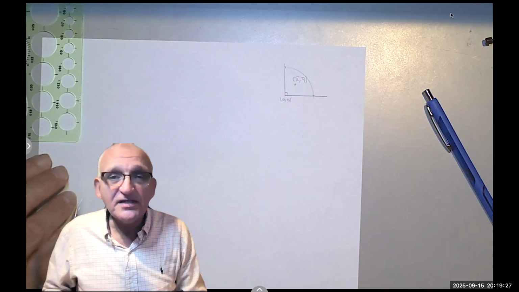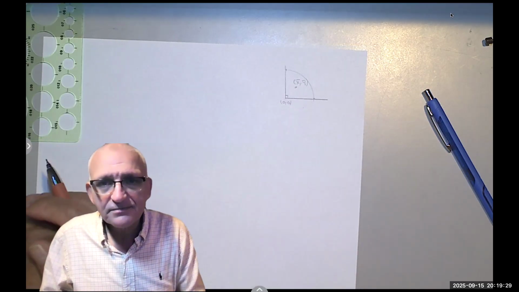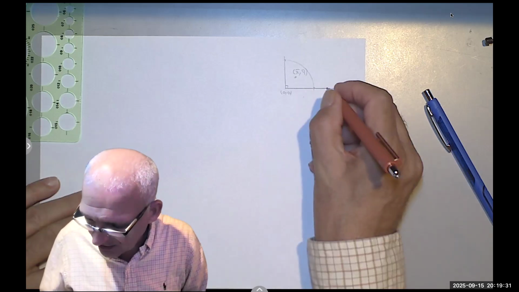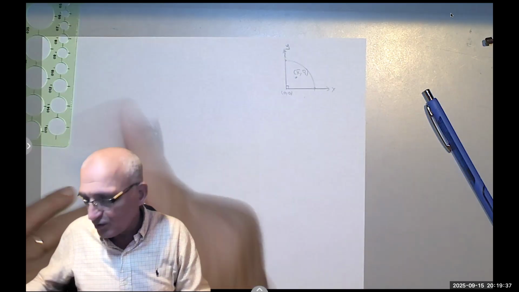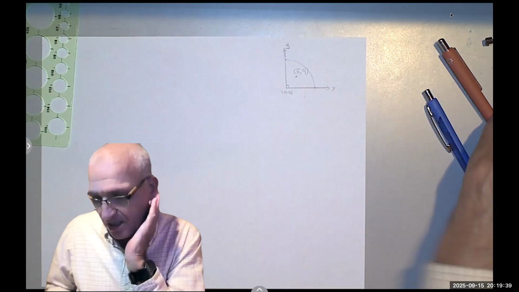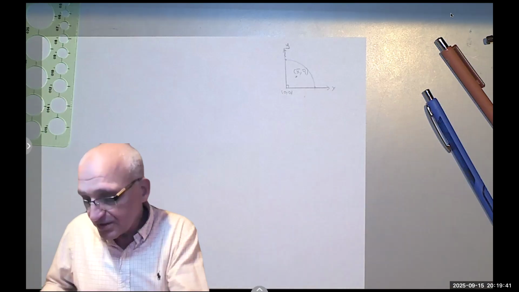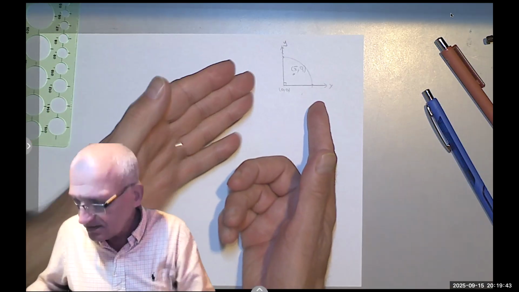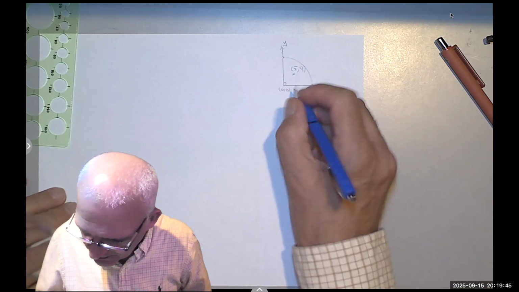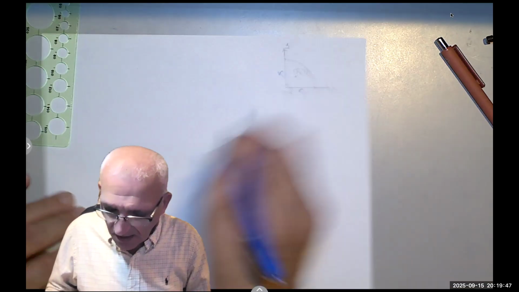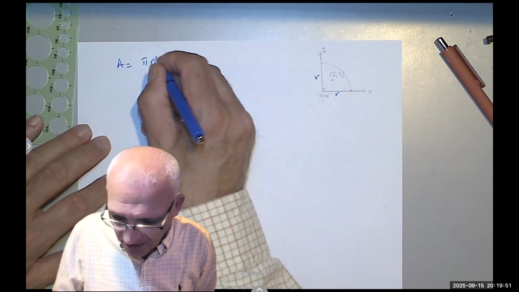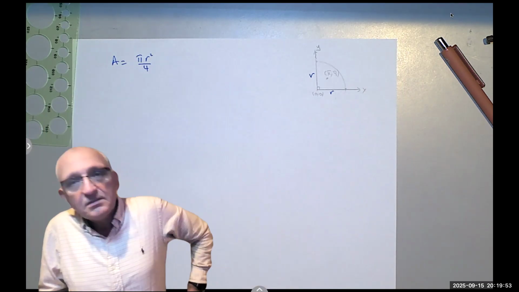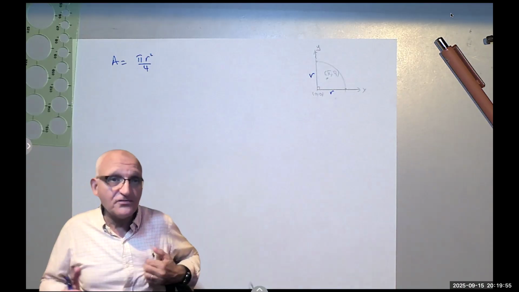And I want to find x bar and y bar. So rotating it about the x or the y doesn't matter. Let's rotate about the x this time, since last time we were rotating about the y. I know the area of this shape. If this is R, then the area here is pi r squared over 4 because it's a quarter of a circle.